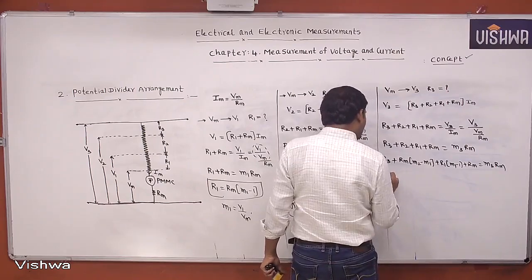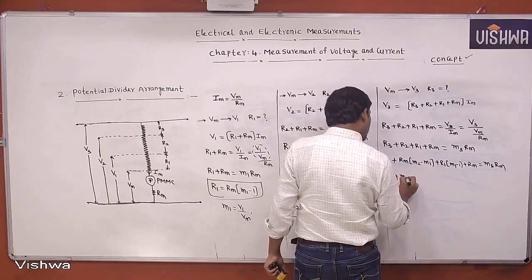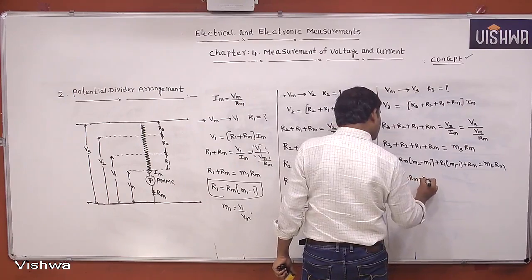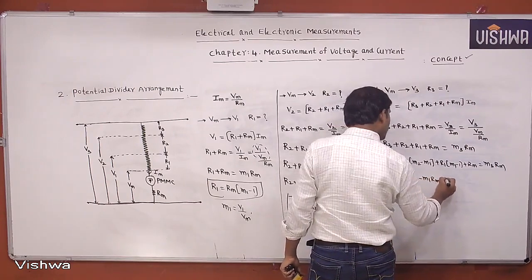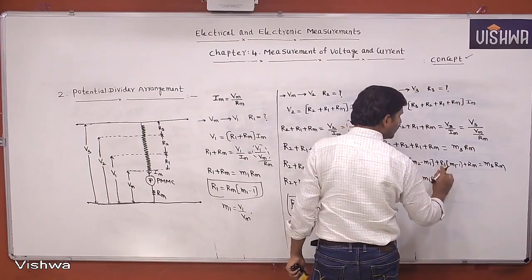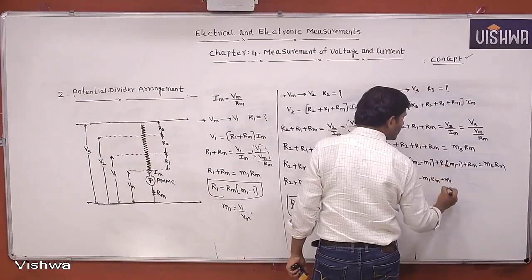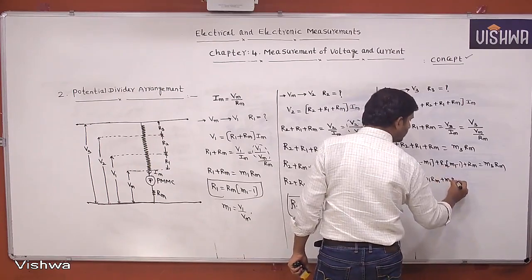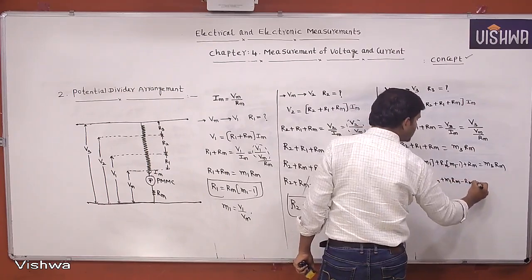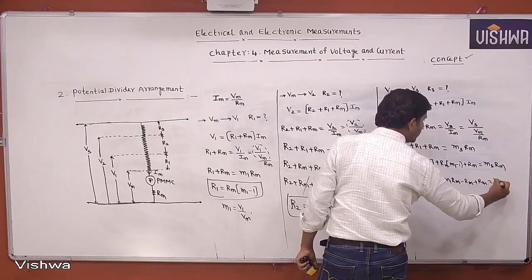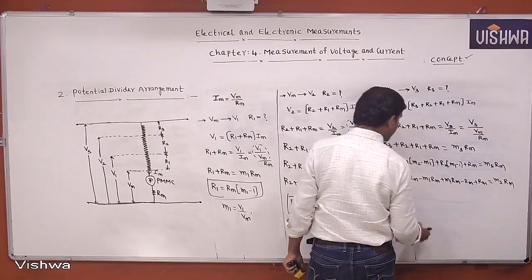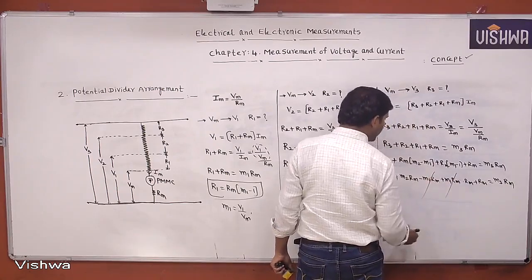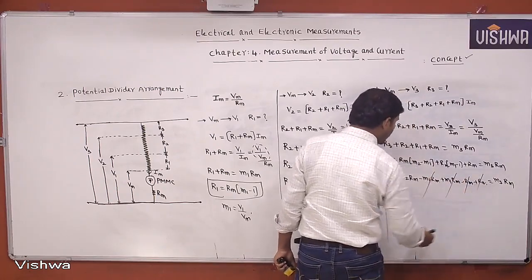That is R3 plus M2 into Rm minus M1 into Rm plus M1 into Rm minus Rm plus Rm is equal to M3 into Rm. It's correct. Minus M1 Rm plus M1 Rm, minus Rm plus Rm are cancelled.